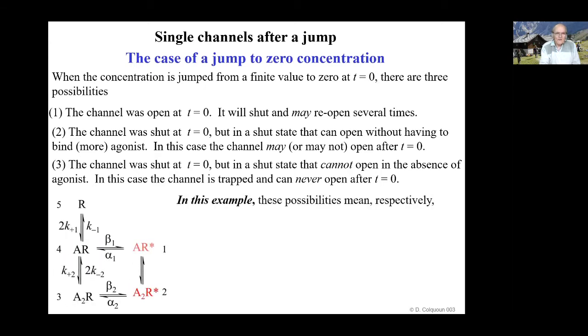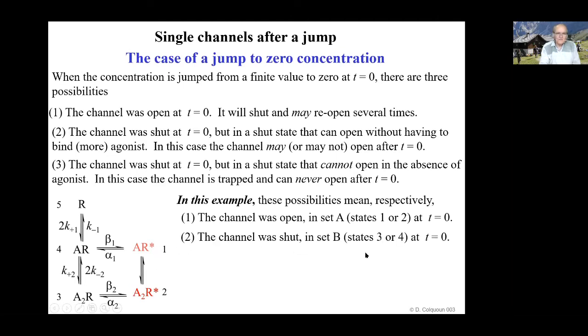So the channel was open at t equals 0, meaning it's in state 1 or 2. Otherwise, at t equals 0, the channel was shut. In set B, that means in this case, it was in state 3 or 4. If it was in 4, then of course it can open without binding any agonist.